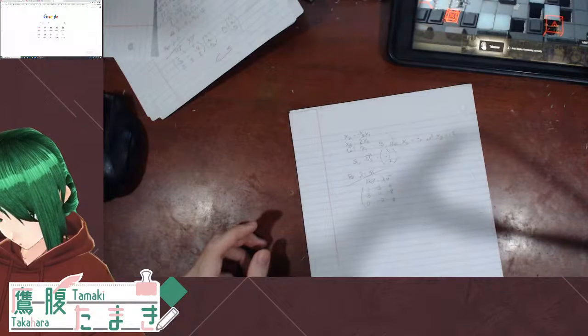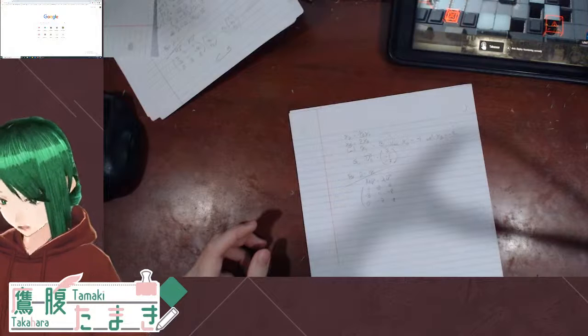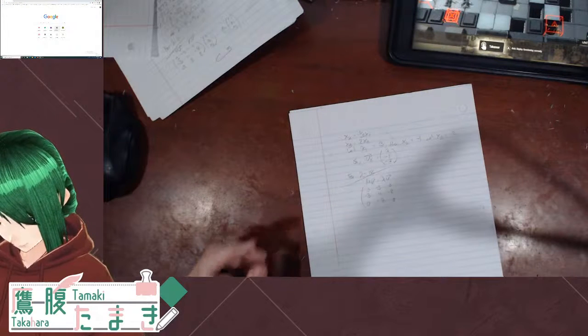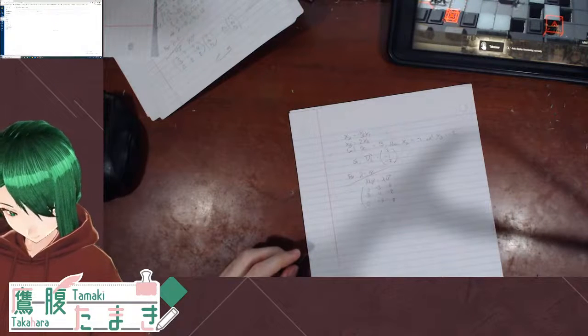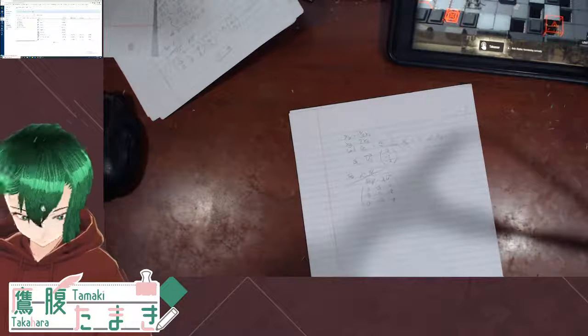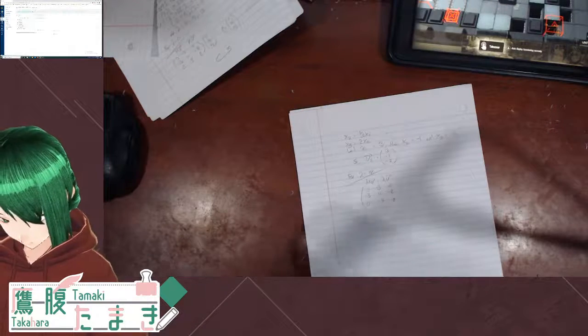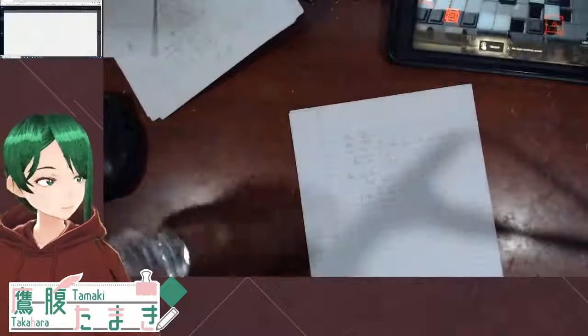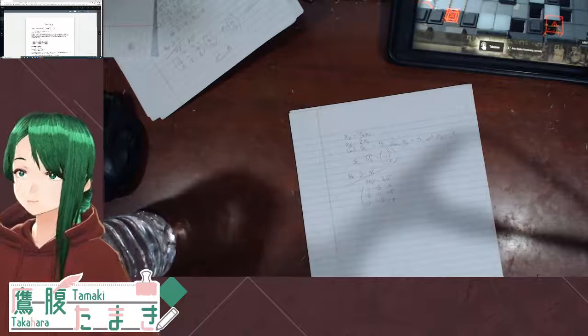That's mainly because I have to do this anyway to finish my assignments, but you know. Okay. Alright. Yeah, it's too small to see.